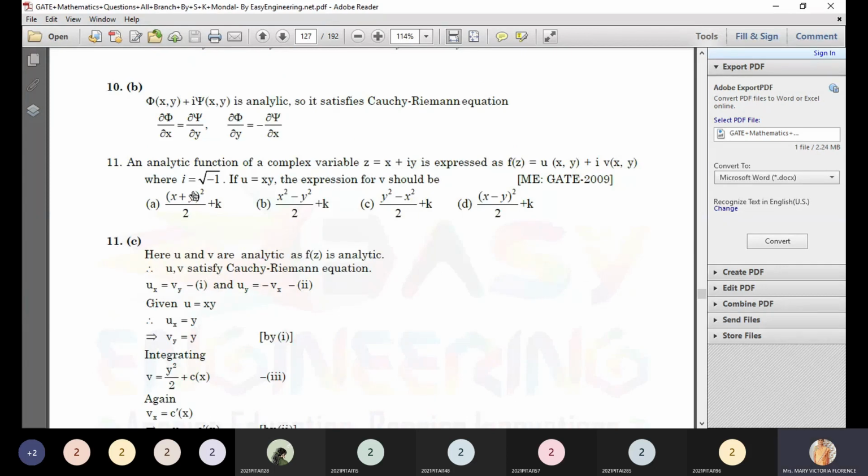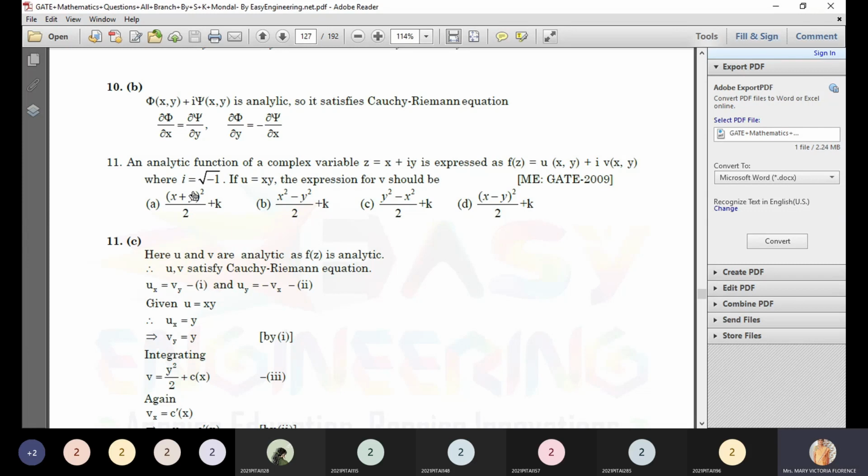Now, an analytic function of a complex variable z = x + iy is expressed as f(z) = u(x,y) + i v(x,y), that is, f = u + iv and z = x + iy, where i is equal to the square root of −1.